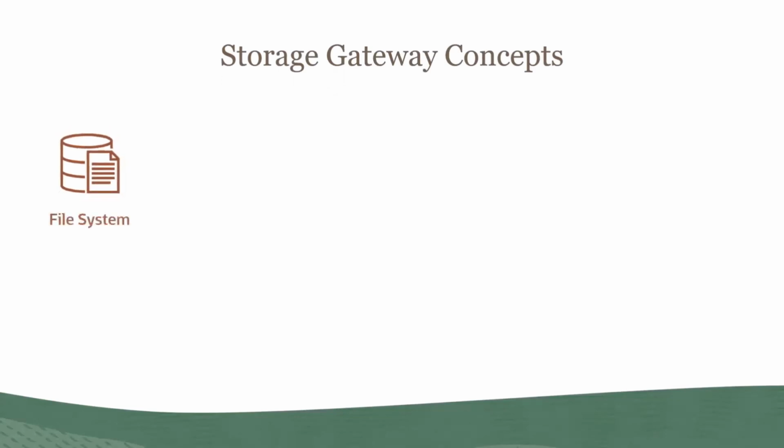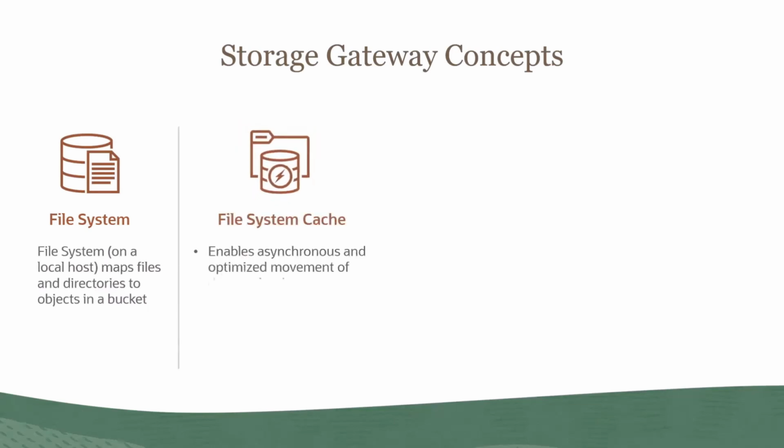Now let's talk about some storage gateway concepts. In storage gateway, we can create a file system. Any file written to a storage gateway file system is written as an object with the same name in the associated object storage bucket. So you configure the cache for the file system when you create the file system.